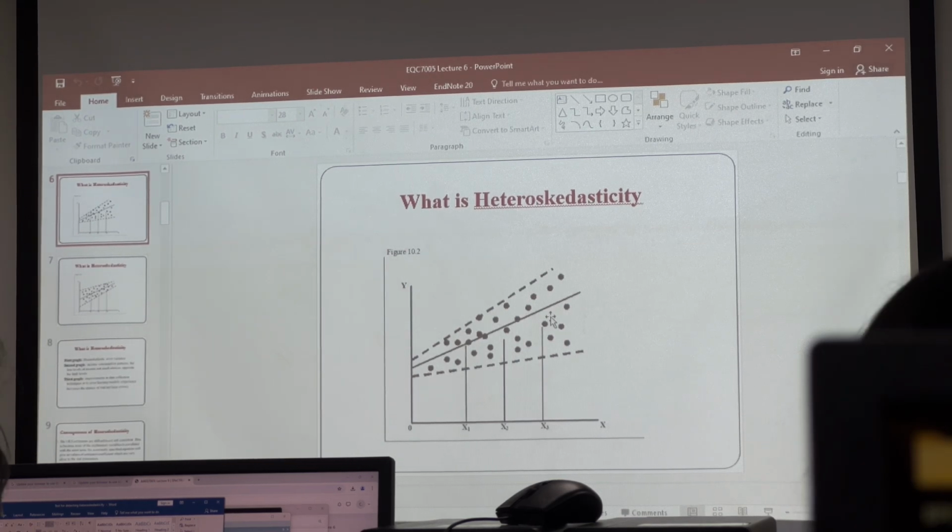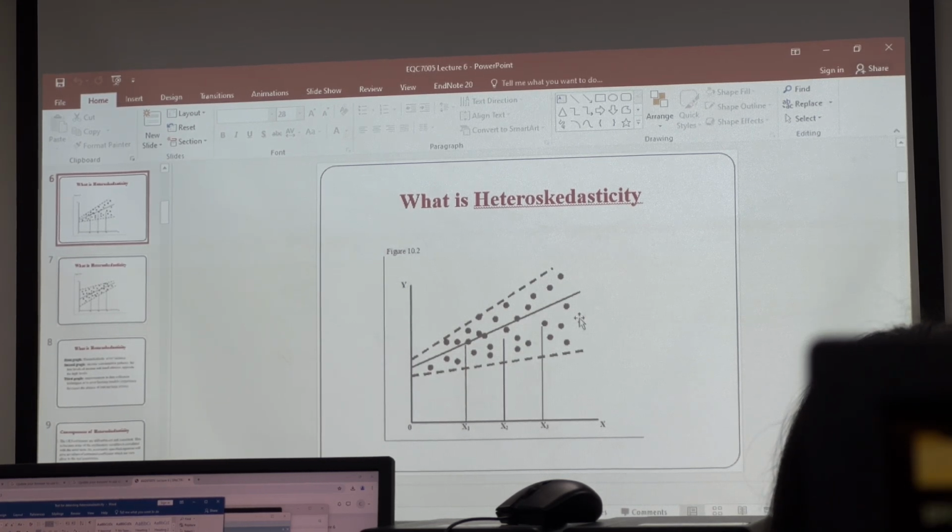Because of that, you will have the problem, because some observations have small values of Y and X, and other observations have large values of Y and X, and then you can produce different values of the error term. So this one has a smaller error, this one has a large error, and then you make your error variance different.